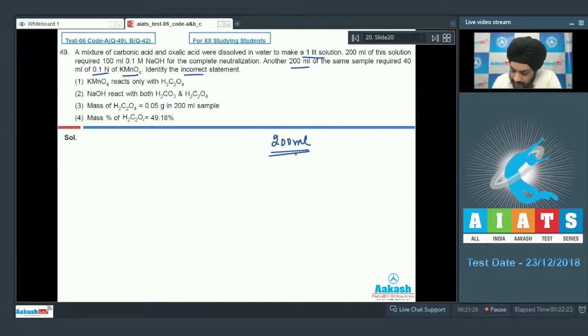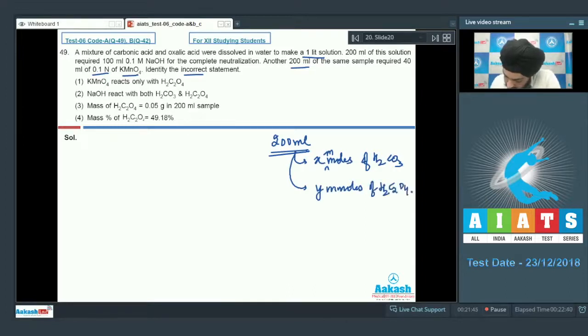So if we talk about the 200 ml sample which the examiner seems to be interested in, we can assume that the 200 ml sample has X millimoles of H2CO3 and it has Y millimoles of H2C2O4. Now, if we talk about the reaction with NaOH, NaOH is going to react with both of these species.